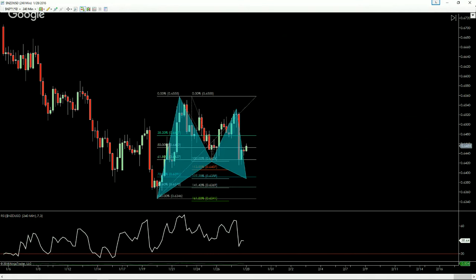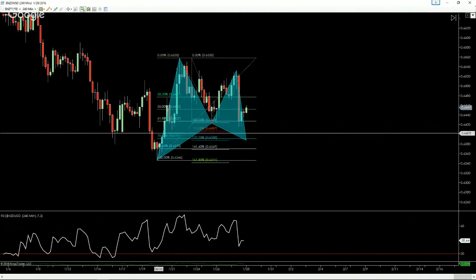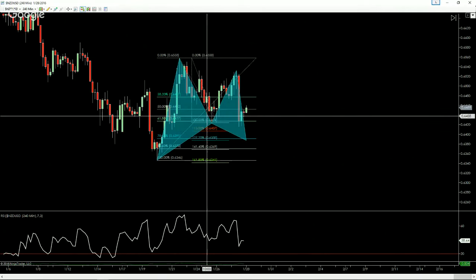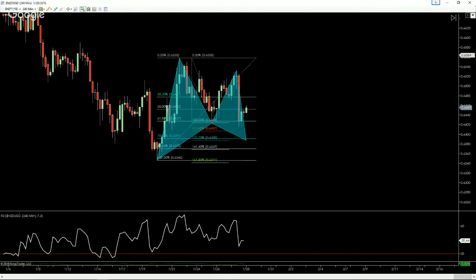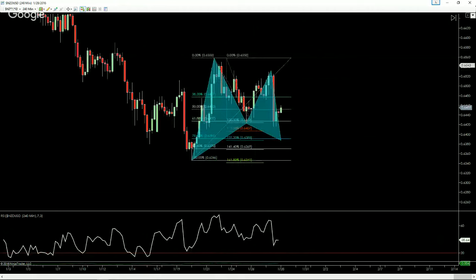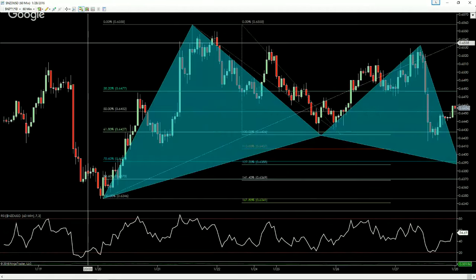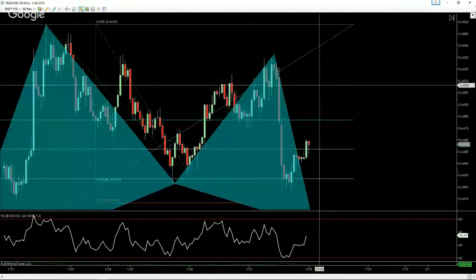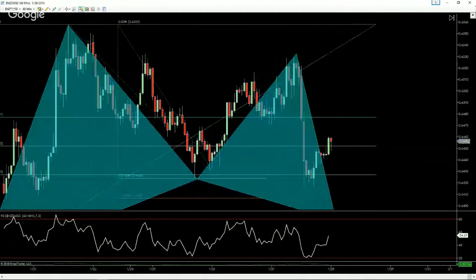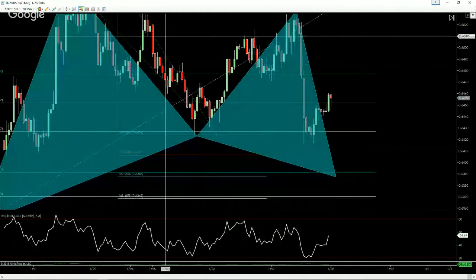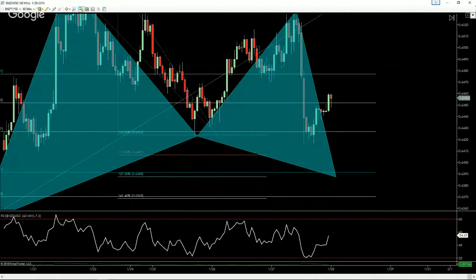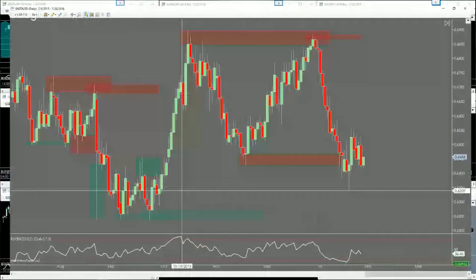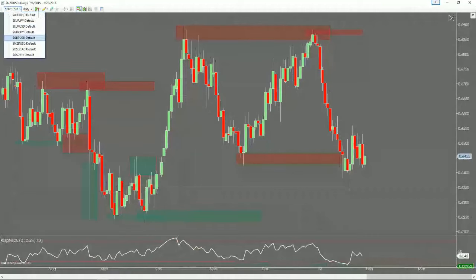Now this one also is a pretty shallow one, so risk to reward is not going to be the best, but that's still a pattern and it is valid. And the 1 hour, not very much there. Okay, now let's go back out.